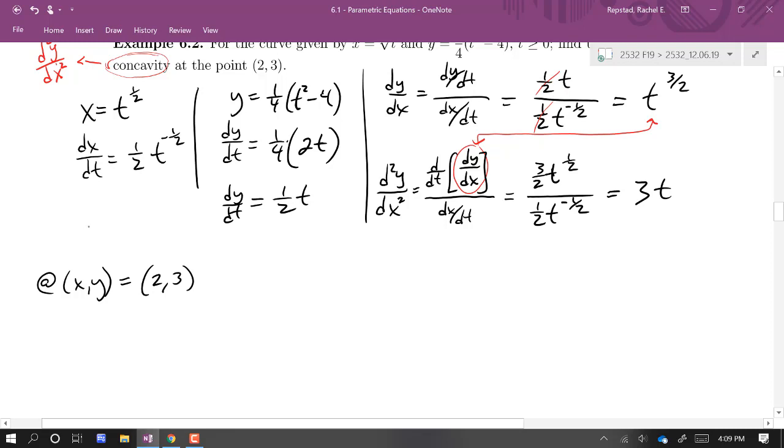Really, they could have just given us one of those coordinates. Both of these coordinates are met at the same value of t. So let's say if we pick x equals 2, the function for x was x equals t to the 1/2. So that's the square root of t equals 2, and we get t equals 4. Note that they told us that t starts at 0.